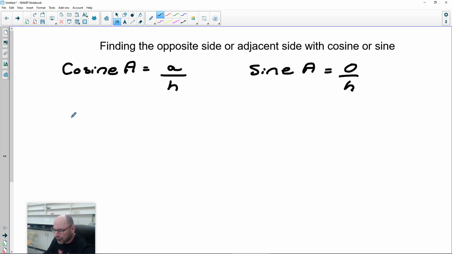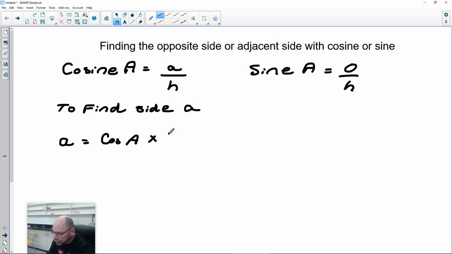If you're trying to find the adjacent side, we could rearrange that to side A equals the cosine of A times H.